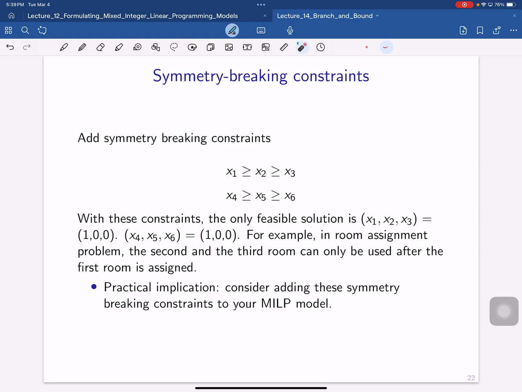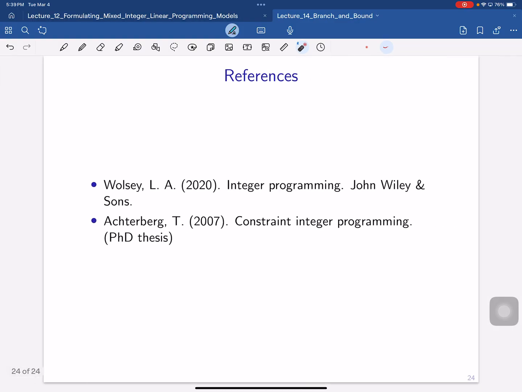So maybe I could add a reference here. There is a textbook called 50 Years of Integer Programming. And in that textbook, there is one chapter on symmetry.